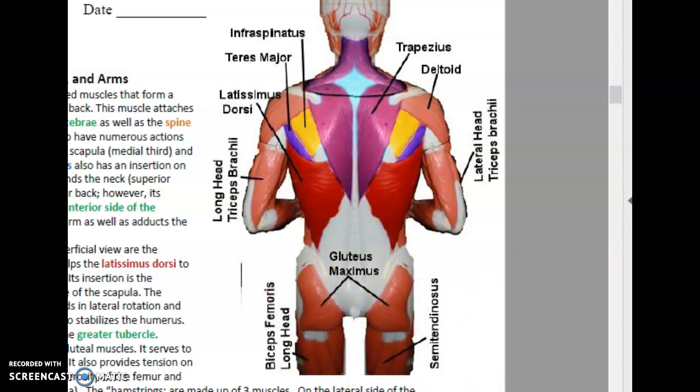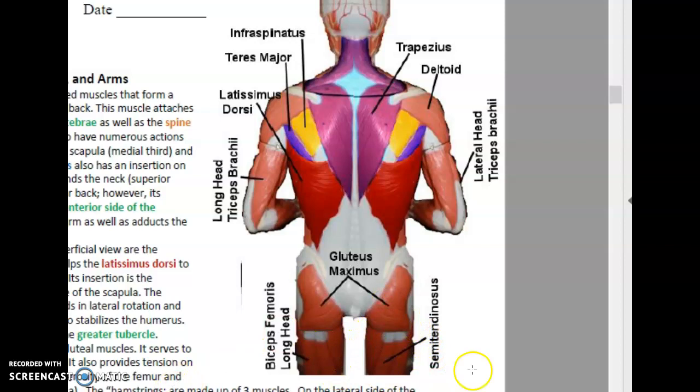Now, on this picture, just because I had room, I put two of the hamstring muscles. The lateral muscle is the biceps femoris, and that is why I keep saying triceps brachii and biceps brachii, because they're the bicep and tricep of the arm. You have another tricep, you have another bicep. So the biceps femoris is lateral, right there. And then the semitendinosus is medial.